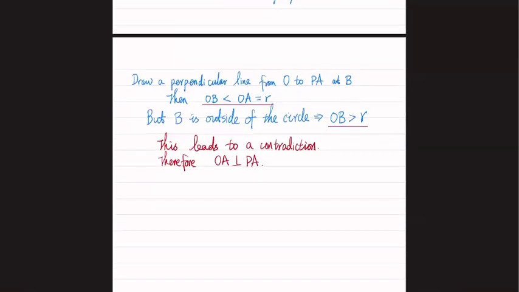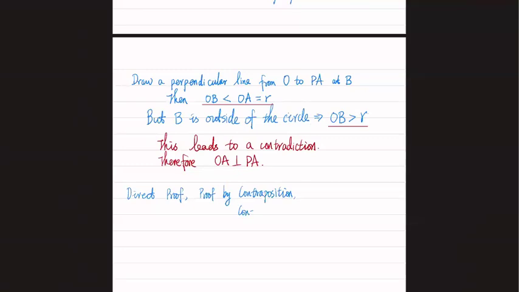What type of proofs? Okay, some also use proof by contrapositive.